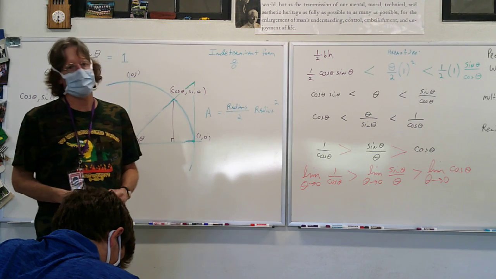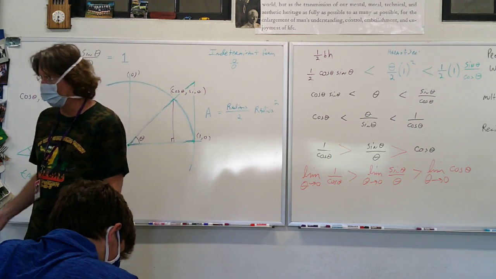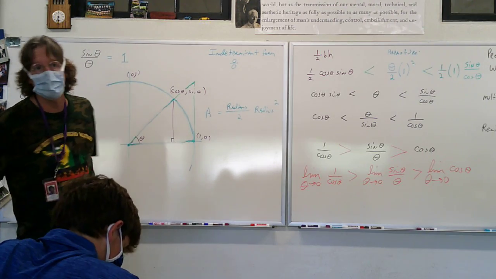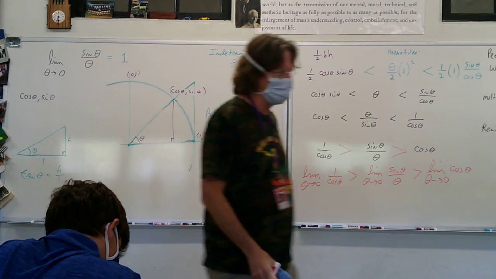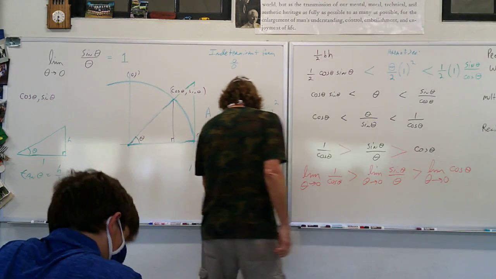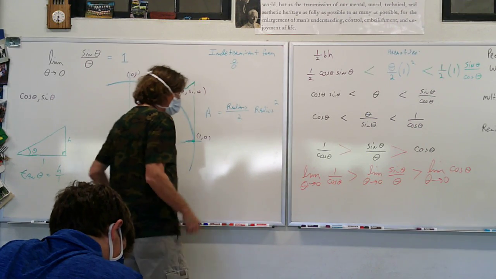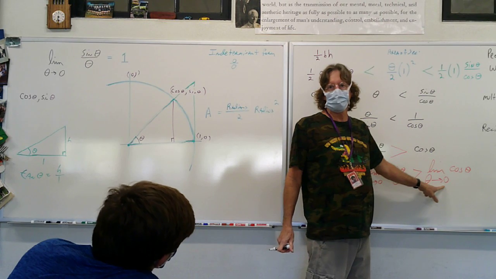What's cosine of 0? 1. Does everybody agree cosine of 0 is 1? Yes. Now you know why I keep telling you you've got to know your unit circle if you plan on taking any higher level math courses. It's 1. And does everybody agree that it actually gets closer to 1 from numbers smaller than 1?